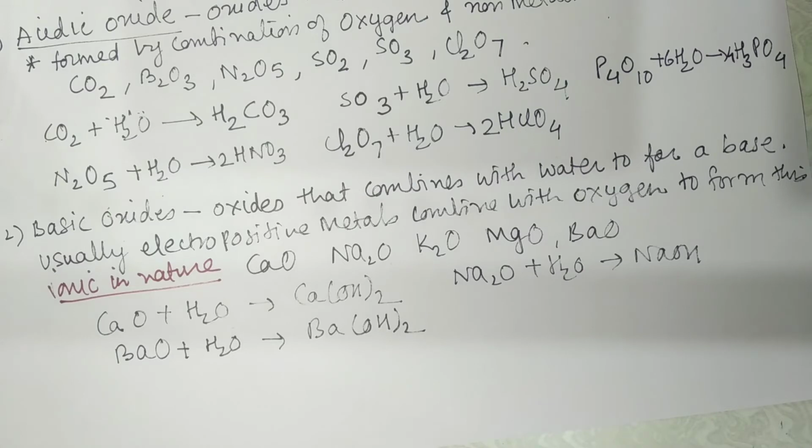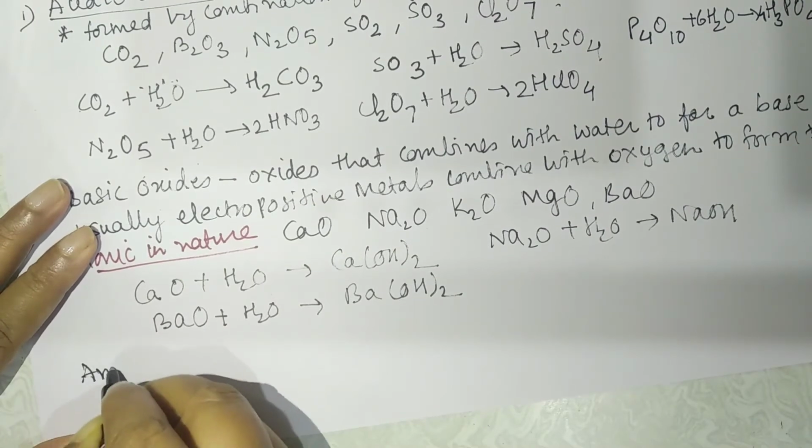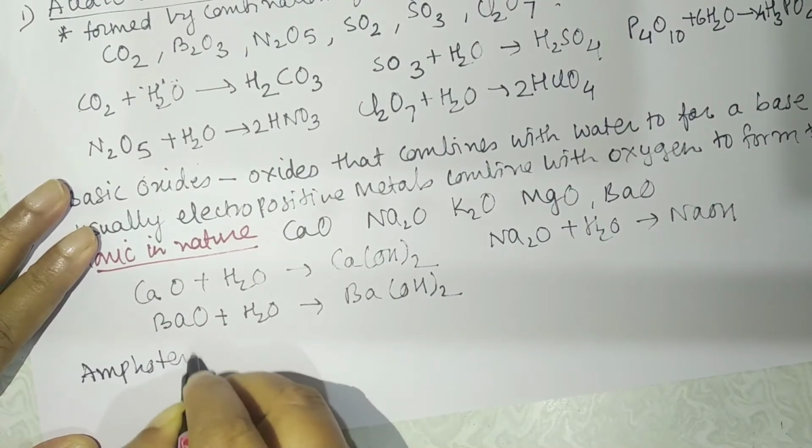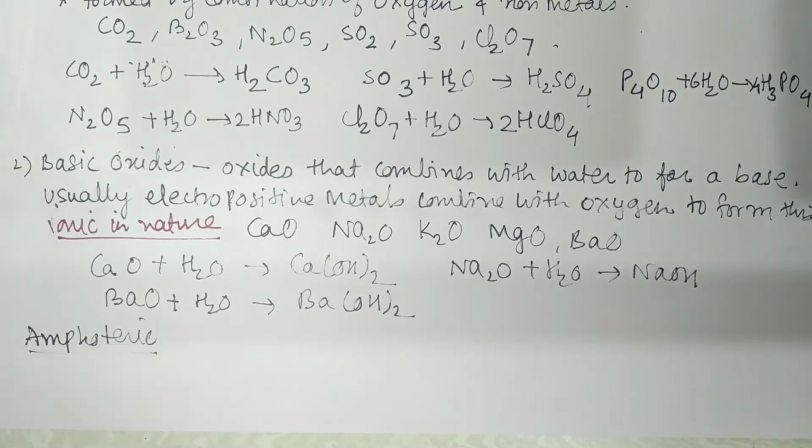The third type of oxides are amphoteric oxides. Now the word amphoteric is from amphibian, students, meaning having properties of both. Oxides will show both acidic as well as basic characteristics.